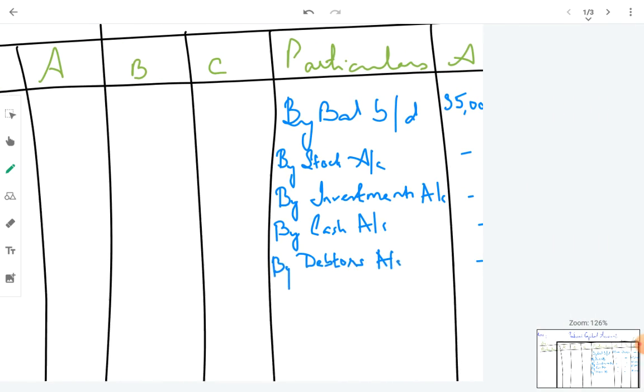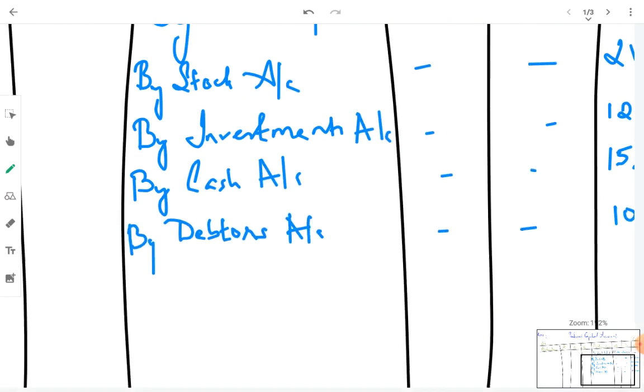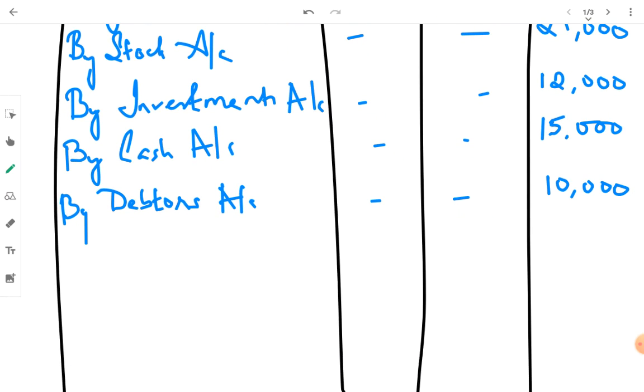So let's write off the old reserve. The old reserve is given in your liability side. So by reserve account, when it comes to the old reserve, this is only between A and B. C was not in the picture when this reserve came, right?